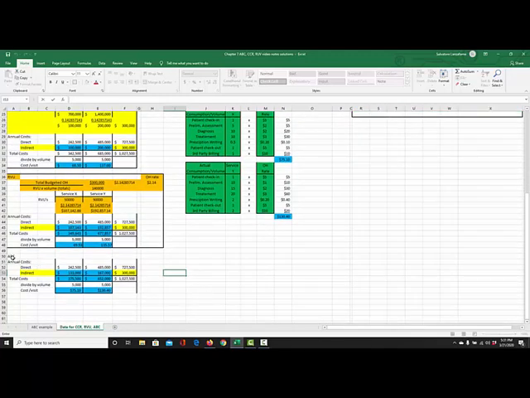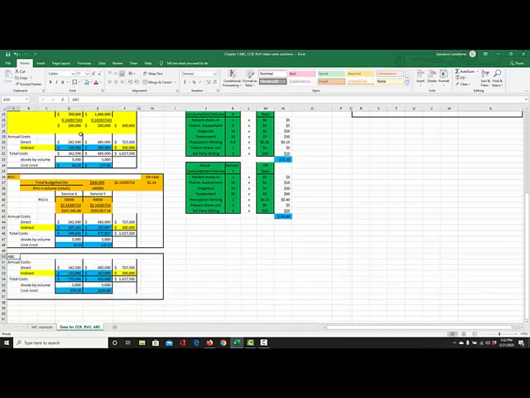Okay, so let me box this one, put this one in green, and I'll just kind of border this one in green.